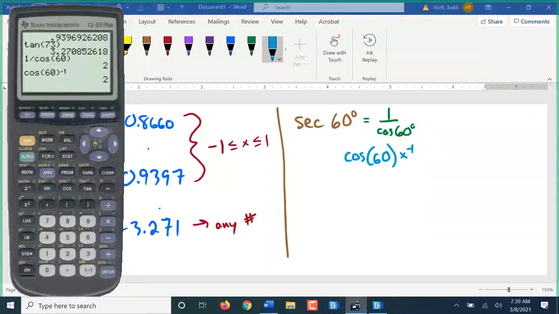Hitting that x-1 key at the end of the problem is the same as starting out the problem with 1 divided by. There's a reason I want you to use that key, because in a few minutes when we start reversing this process, using that key is much easier to do than trying to do the 1 divided by.